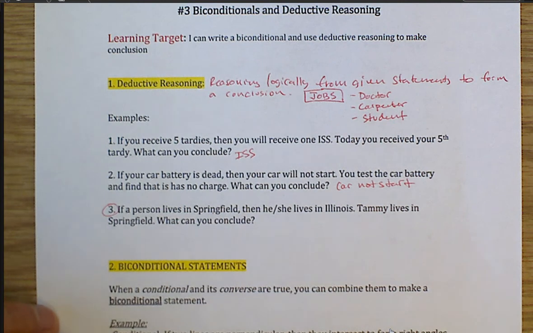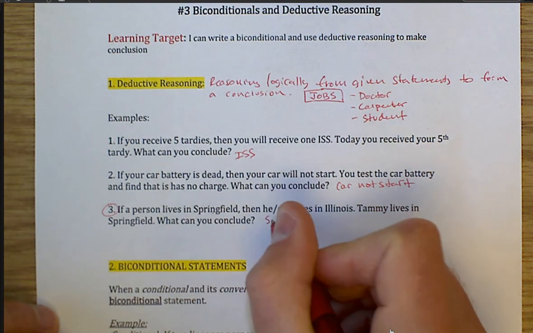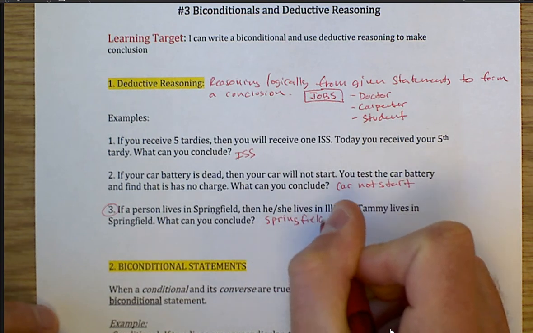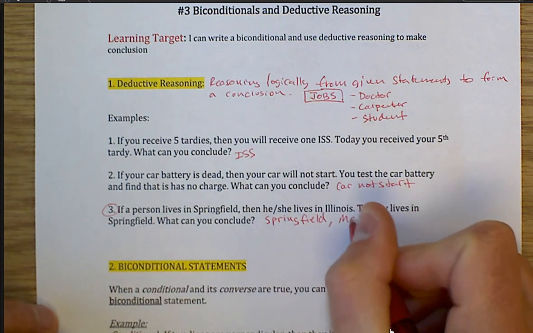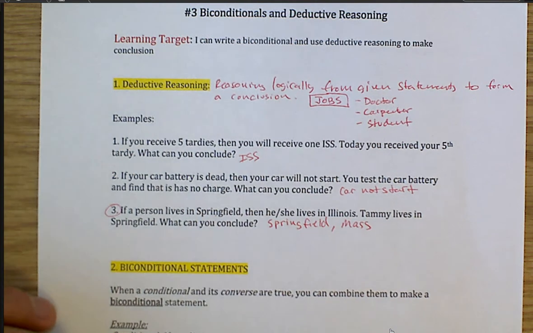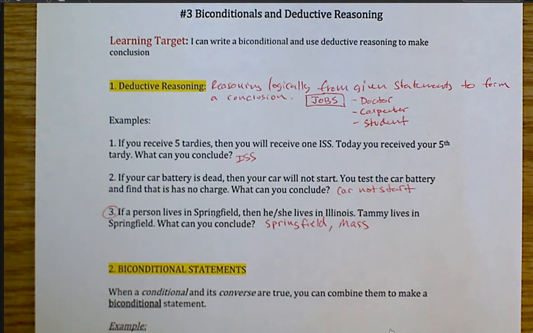Springfield, Mass. So this doesn't actually make sense. This would be a false statement, because Springfield, Massachusetts, she could live there too. So you have to look at the information or the statements to see that they're logically making sense. Okay? So that's deductive reasoning kind of in a nutshell. A lot of you do this all the time. You don't even realize you use deductive reasoning, but you do.